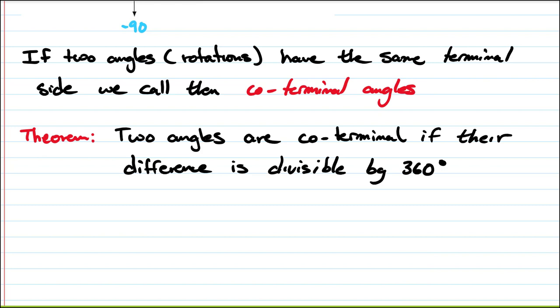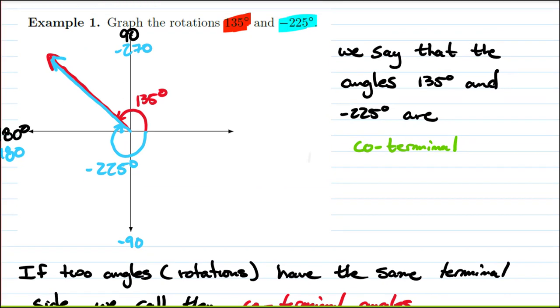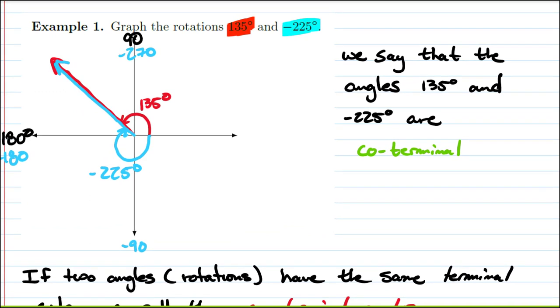So if we look back at this example, we're told that two angles are coterminal if their difference is divisible by 360 degrees.